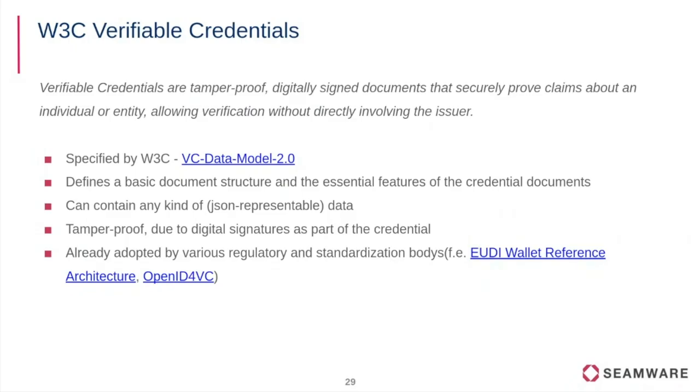And from a regulatory standpoint, we have the EUDI wallet reference architecture, part of eIDAS 2, which defines how authentication and the handling of such credentials will happen in the European Union, which also becomes part of European regulations at the beginning of 2027. So this is already well adopted and not some proof of concept stuff, but something that could really be relied on.